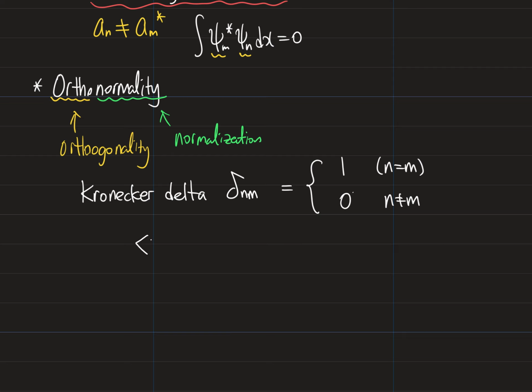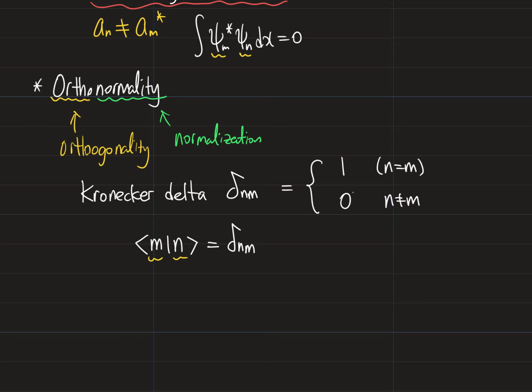So you might want to say it's the integral of the complex conjugate of wave function m times n. If this set of functions forms an orthonormal set, then this should be equal to delta nm.